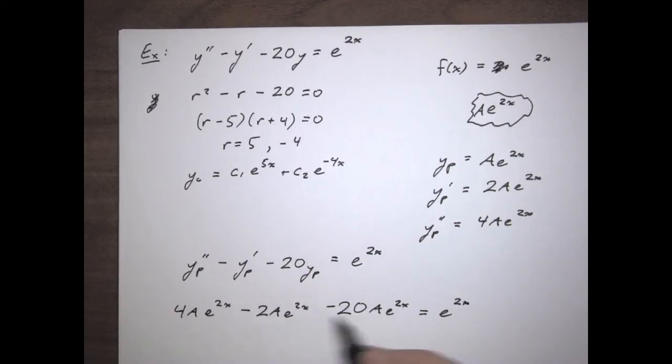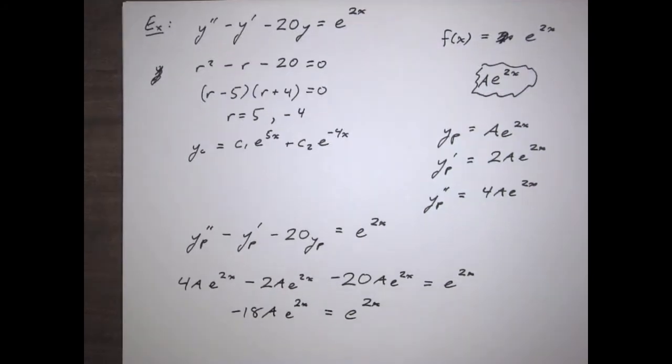Combine the like terms and it looks like negative 20a minus 2a plus 4a is going to be a total of negative 18a e to the 2x is equal to e to the 2x, which means then that negative 18a equals 1, or, in other words, a equals negative 1/18th.